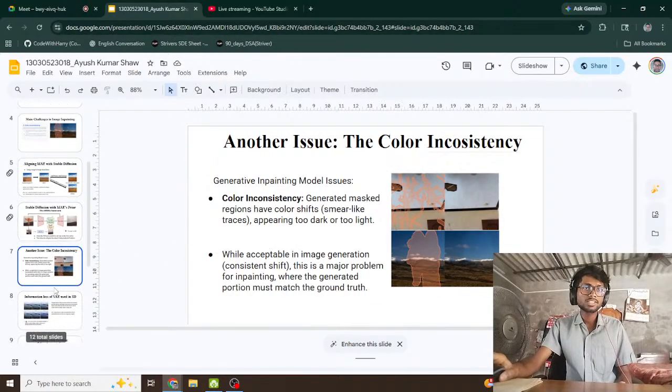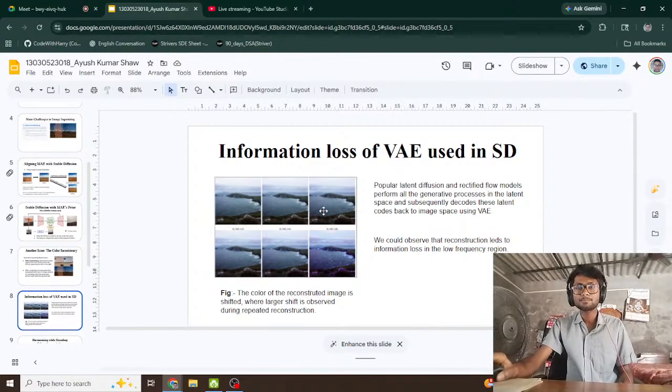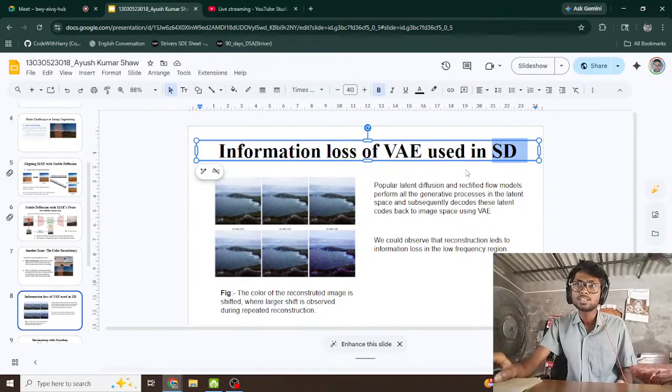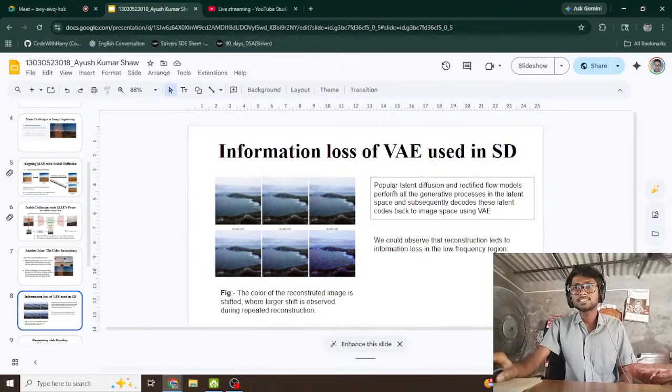So how the author comes to the solution is that they figured out that there is some kind of loss included in the stable diffusion process. The latent diffusion and rectified flow models, which are currently in use for this kind of inpainting task, perform all the generative process in the latent space, and then translate that generative process to the actual image space, right?